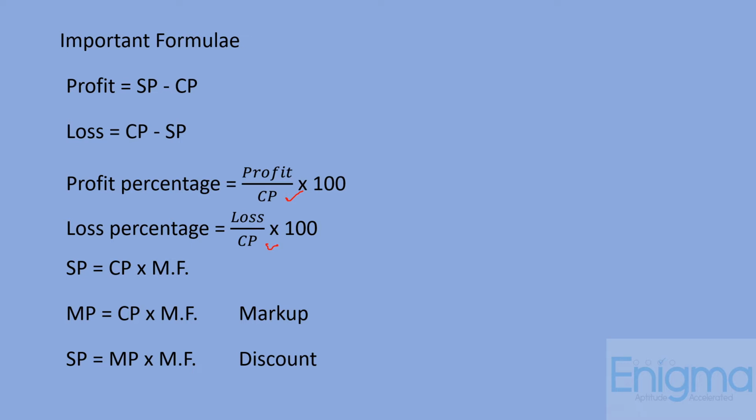Now write these formulae down. These three formulae. पूरा टॉपिक हमारा इन्हीं तीन फॉर्मूला पे होने वाला है. Selling price equal to cost price into multiplying factor. This is applicable when you are given profit or loss percentage.